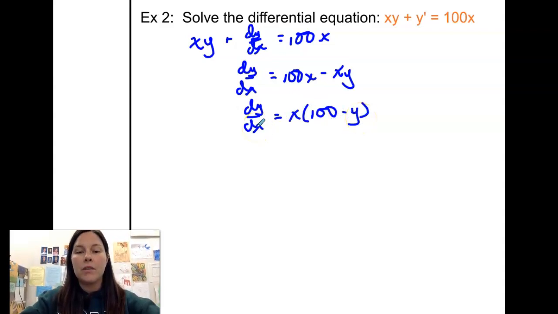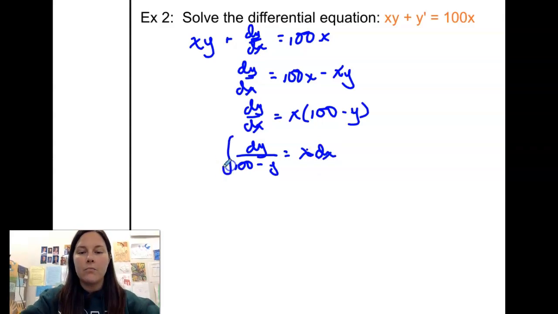And now I can separate my variables. So I'm going to divide both sides by that 100 minus y, leaving me with x times dx on the right-hand side.